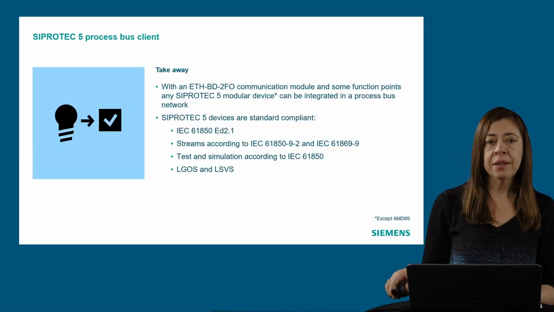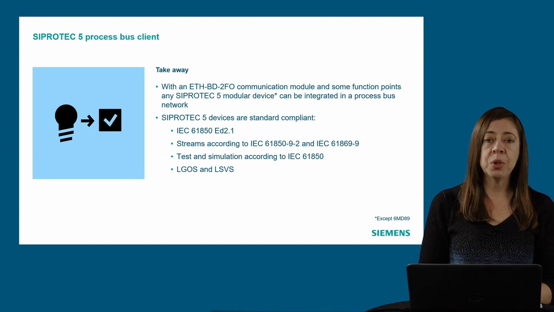To take away, any SIPROTEC 5 modular device can be integrated in a process bus network with only one Ethernet PD 2FO module and some functional points.